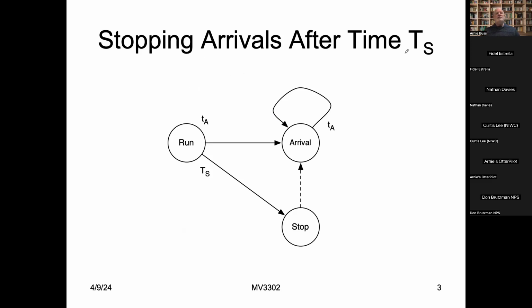But what if you wanted to stop the arrivals at some predetermined amount of time? When might that be useful? Let's say you're modeling a retail facility that does not operate 24/7, like Denny's. I noticed that Denny's has a lock on the door. Anyway, we open it up at 8 and close at 7.